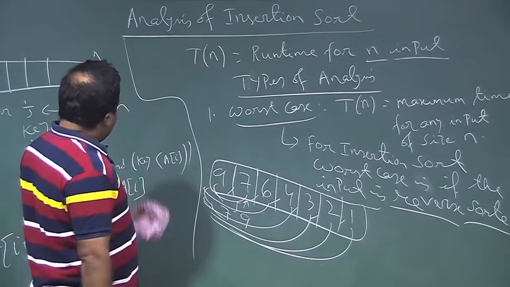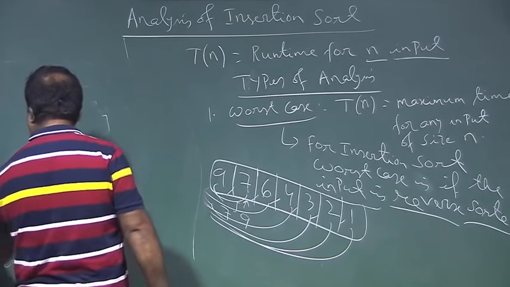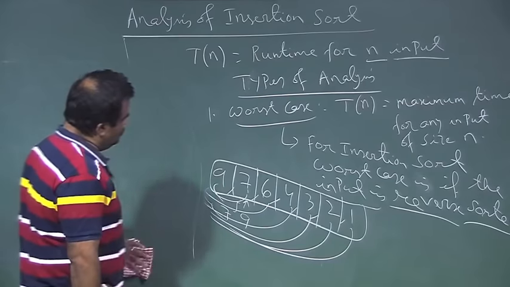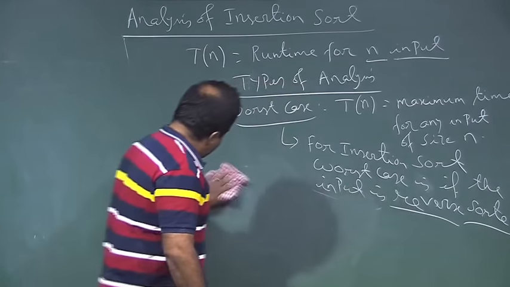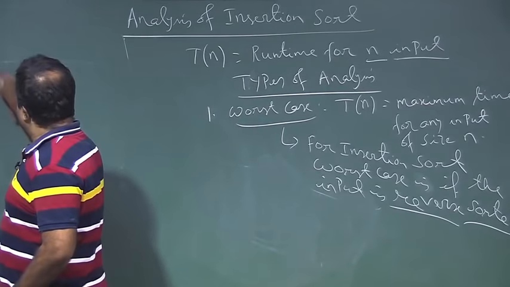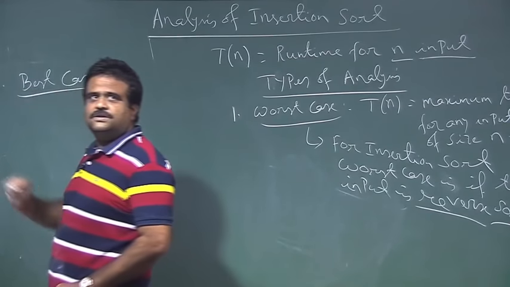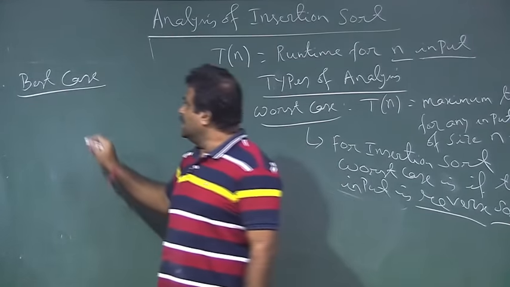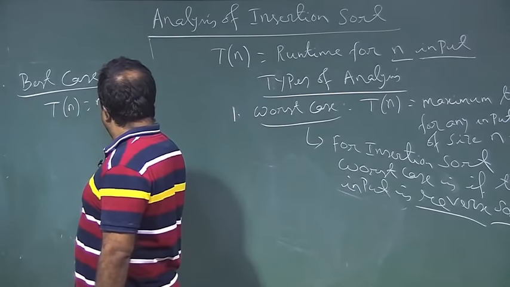Okay, the next one is the best case, which is also called bogus, because it is cheating. Best case means T(n) is the minimum time our algorithm is taking.